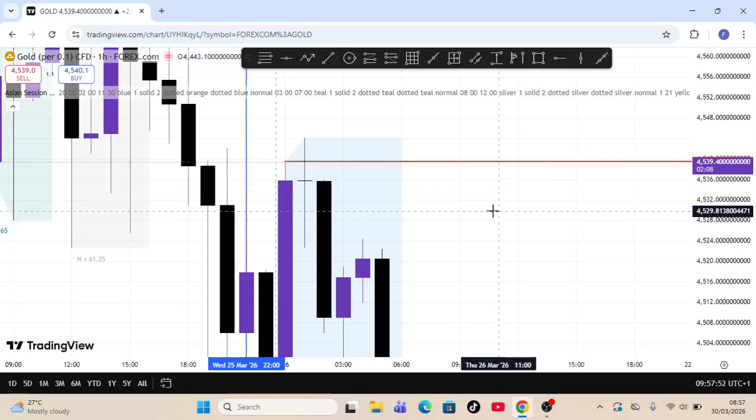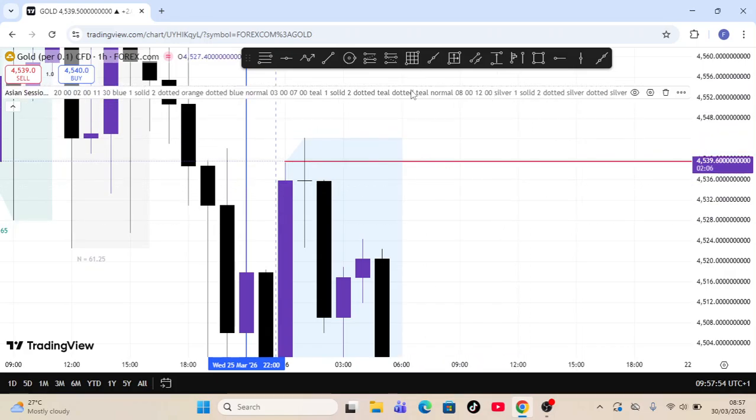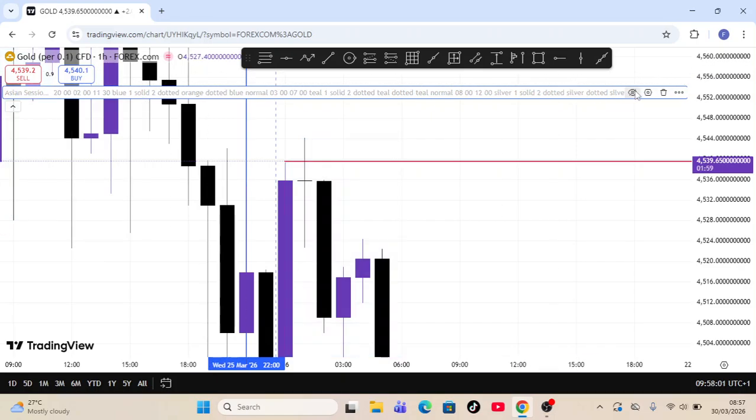You can see. So after that, you can close this one so that you can see it very well.